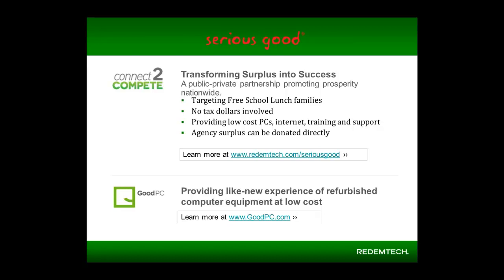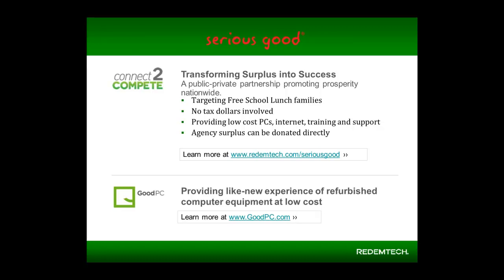Second, I just want to mention that Serious Good program that I was talking about before. This is Connect to Compete. This is in the U.S. currently, but we can facilitate donations in other parts of the world. We have processing in Canada, Mexico, the UK, which is servicing Europe, and we're soon to be opening in Singapore for the Asian market. So we can facilitate a donation so that the donation itself is a usable, workable computer.